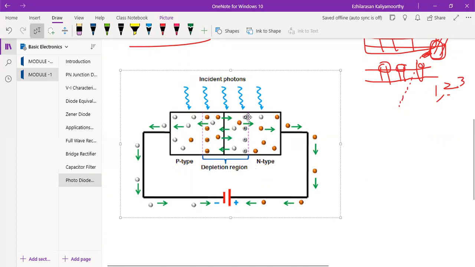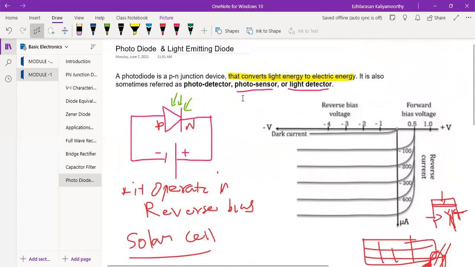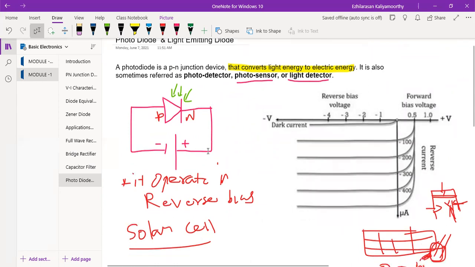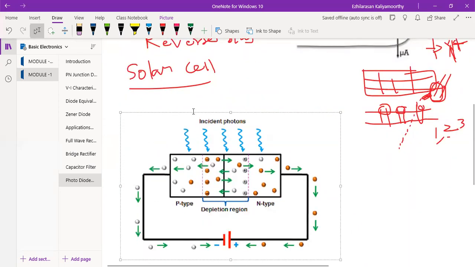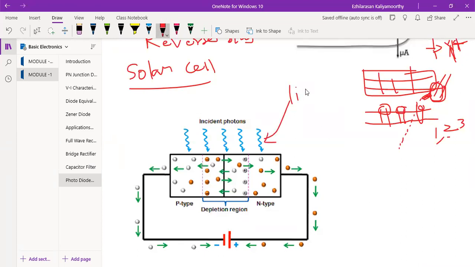Here the symbol we already studied: the arrow represents the light or photons incident on the diode or the junction. This is nothing but light actually.